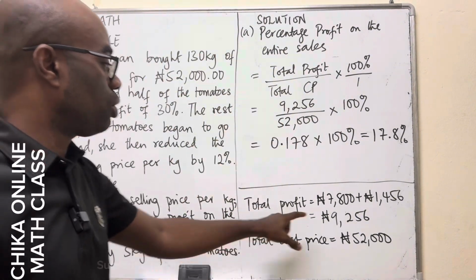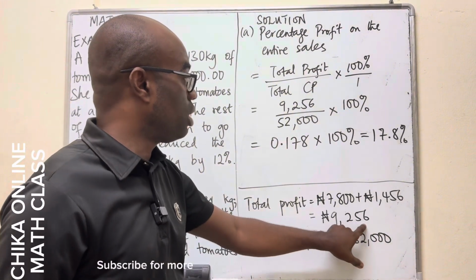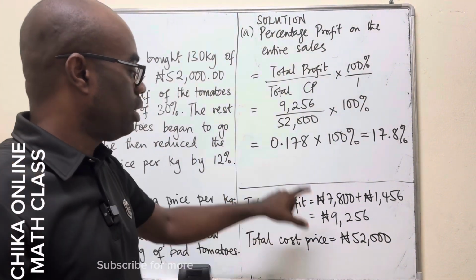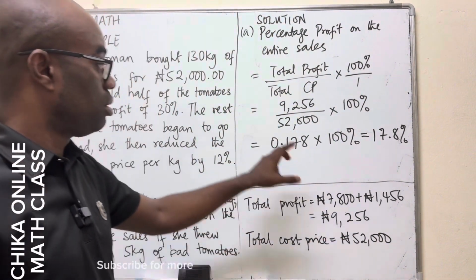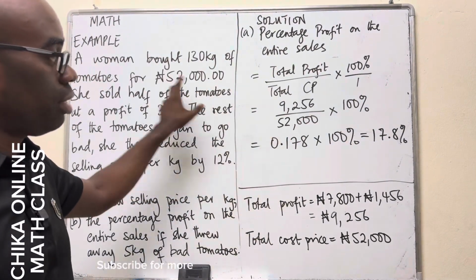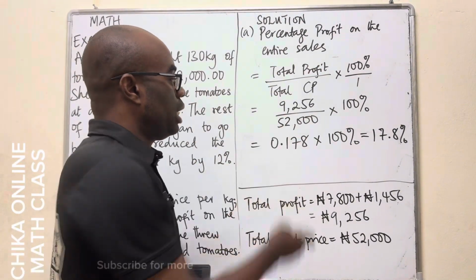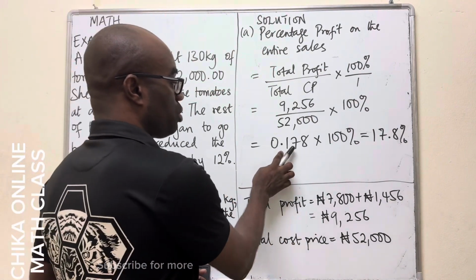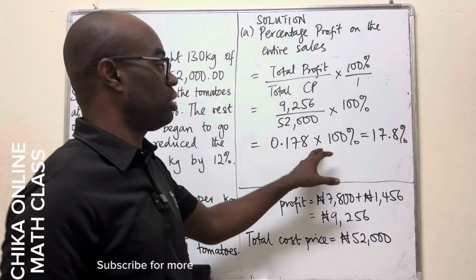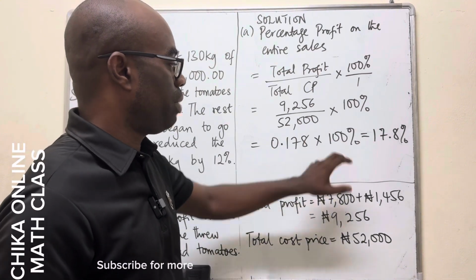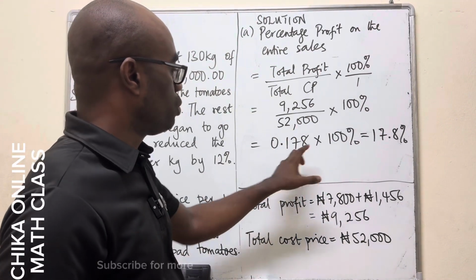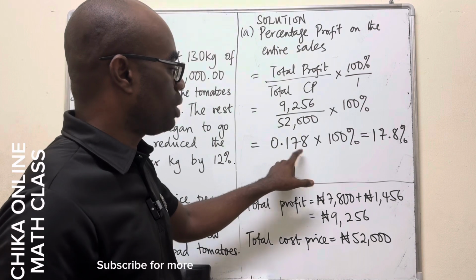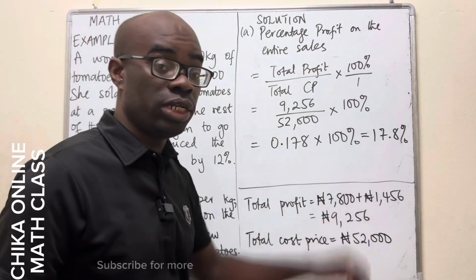Okay, so the total profit is 9,256 all over total cost price is 52,000. Okay, so do 9,256 over 52,000. Use calculator to press it. You get what? 0.178 and times 100%. Okay, so if you do 100 times 0.178, you have 17.8. So the answer is what?